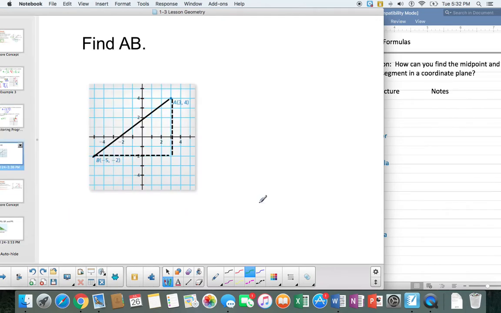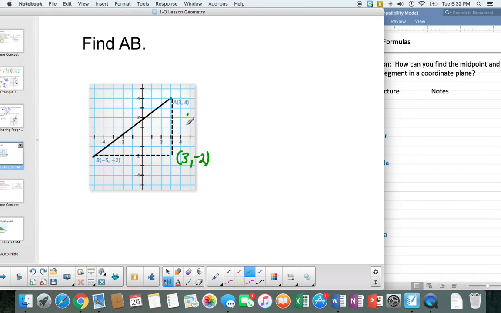Our next item is to find distance AB. So the distance from A to B, we would like to find that distance. And again, this point is (3, -2). Again, it matches the x's here, matches the y's right here. Now, this distance right here, we can just take the 2 y's.